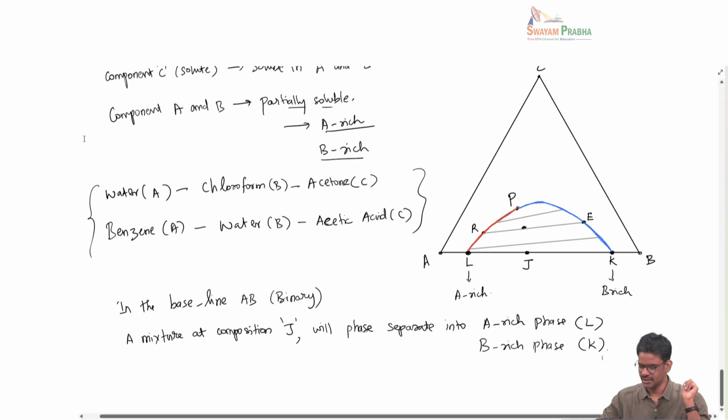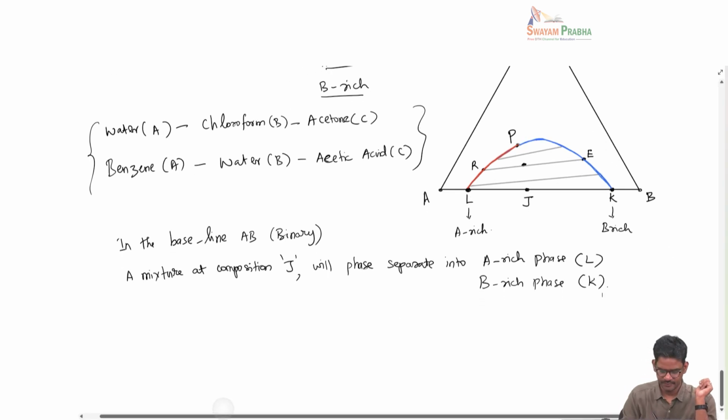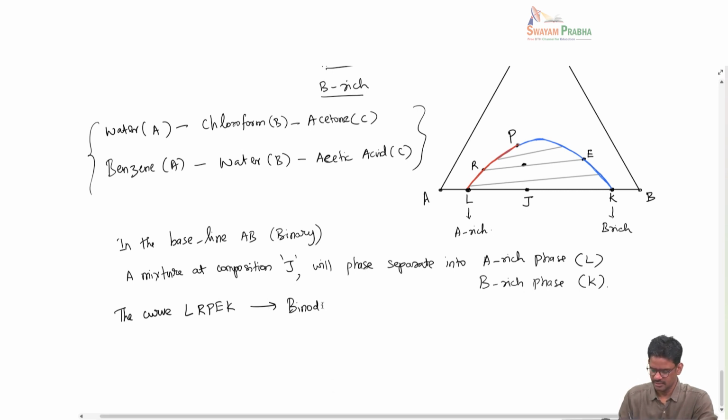So the curve LRPEK, that envelope that you see, is called the binodal curve, or this is also known as the solubility curve.